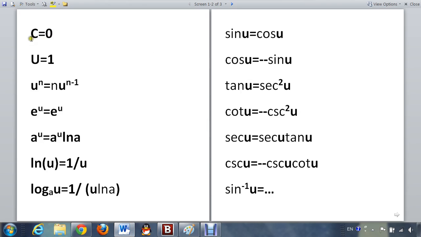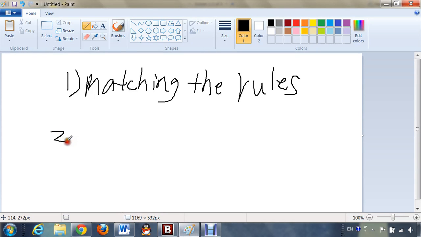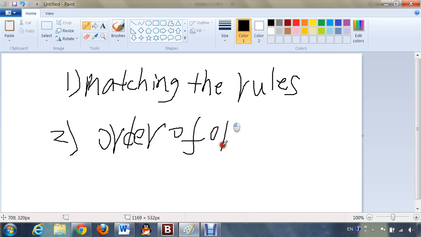You know, the rules that take the derivative of a constant is 0 and take the derivative of e to the power is e to the power, like this. Just match the expression with those rules. And the second thing that I think about the chain rule is it's like when we are calculating something, it's order of operation.